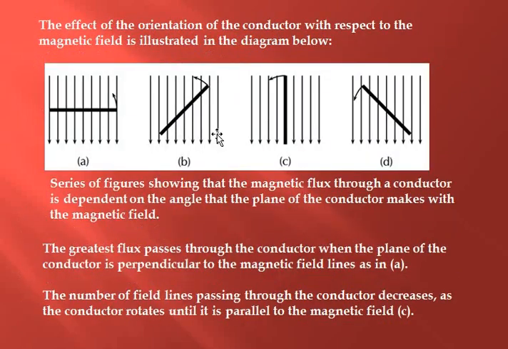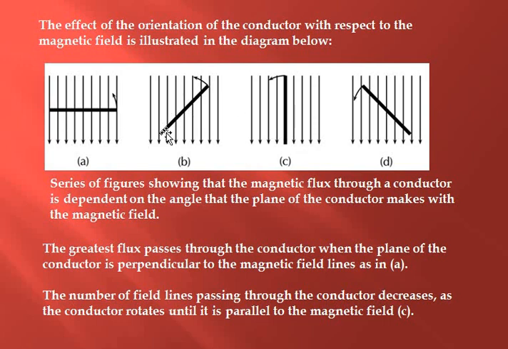When you look here, it is actually changing, because the cross-sectional area is the total area that the magnetic field lines are passing through or making contact with the coil. So you find that there is maximum area here, and then the area starts to decrease until there is 0 here. This is why there is the cos theta.